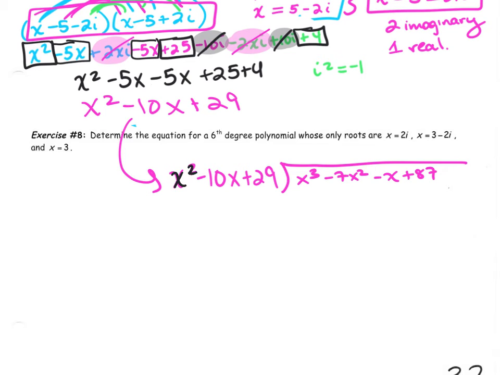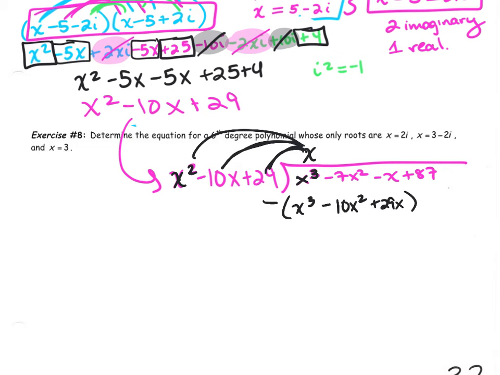x squared times x gets me x cubed. Multiply it back. So I have x times x squared is x cubed. x times negative 10 is negative 10x squared. And x times 29 is positive 29x. Distribute the negative.